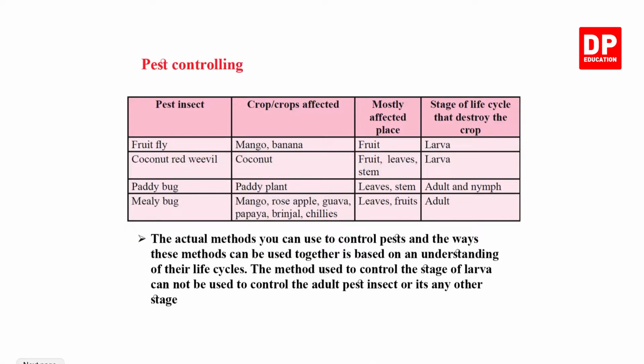So my dear children, the fruit fly: crops like mango, banana, and papaya, those kinds of fleshy fruits, are consumed by the fruit fly pest. The mostly affected place is the fruit, the fleshy part of the fruit.